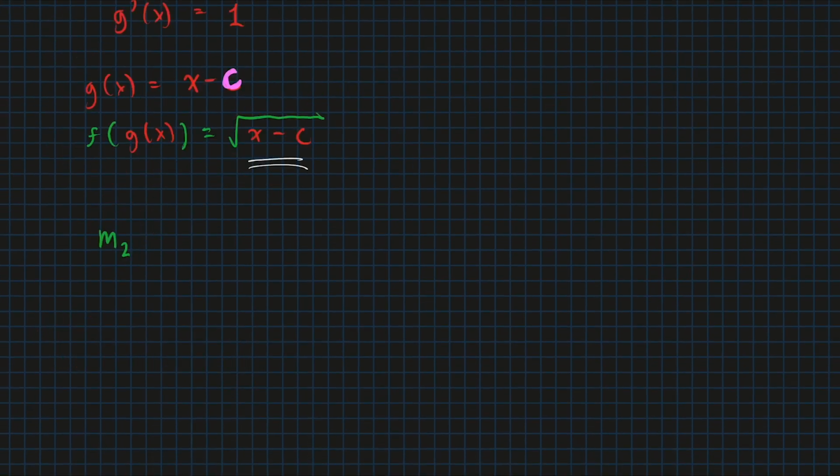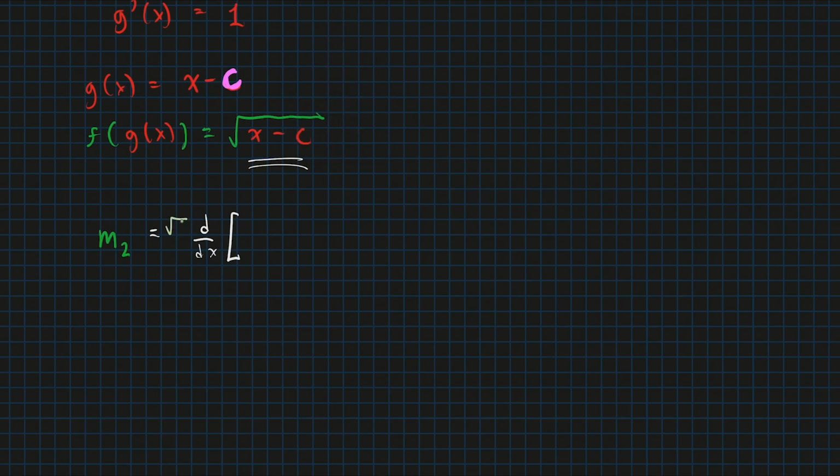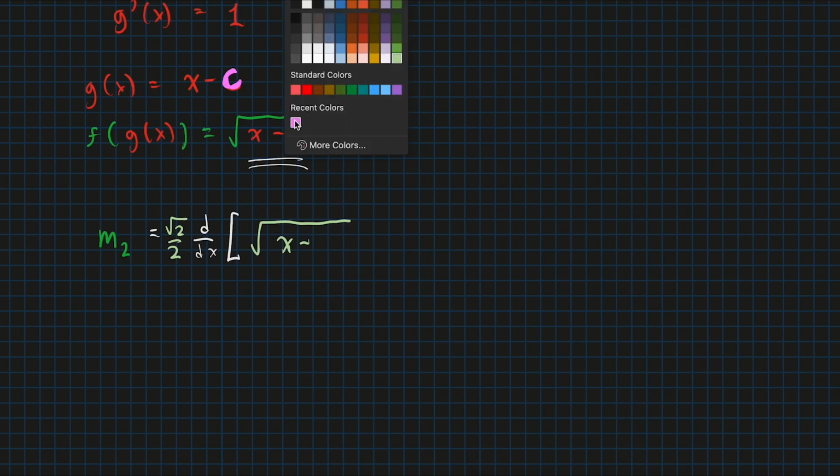This means that m2, as we've said, is the derivative of the square root of 2 over 2 times the derivative of the square root of x minus c.